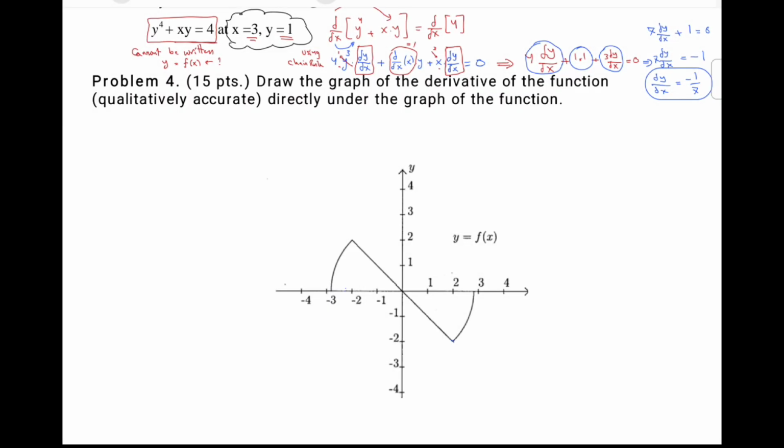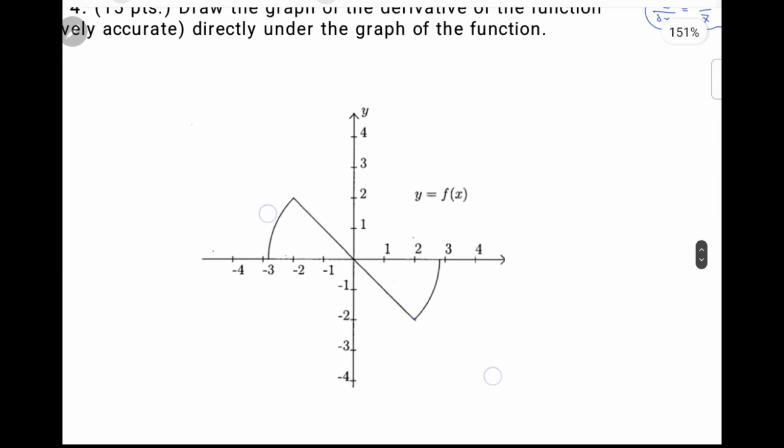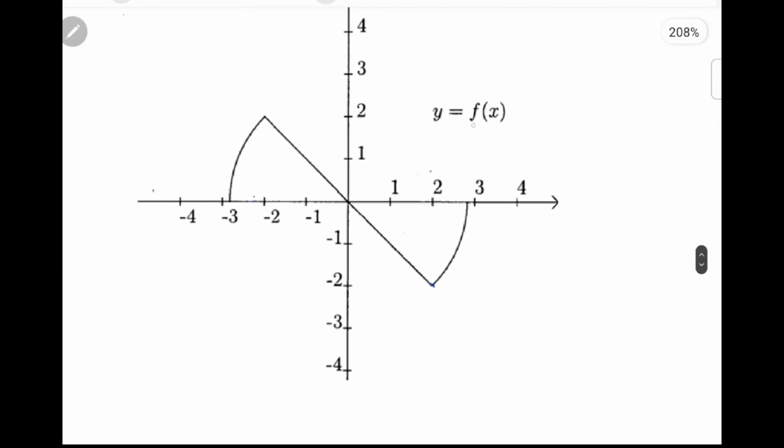Hi, in this video I would like to continue solving the calculus test provided by the MIT online open course. In problem 4, they're asking to draw the graph of the derivative of the function y equal to f of x, which is given by this sketch.